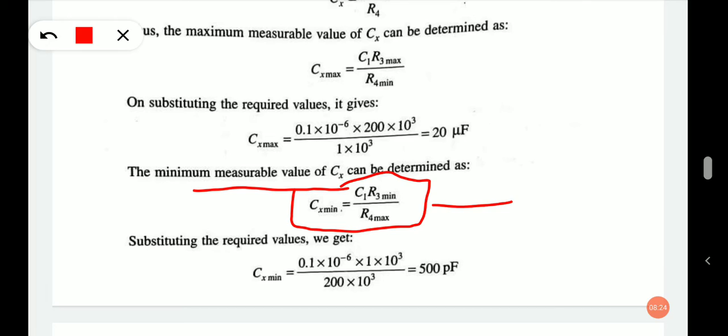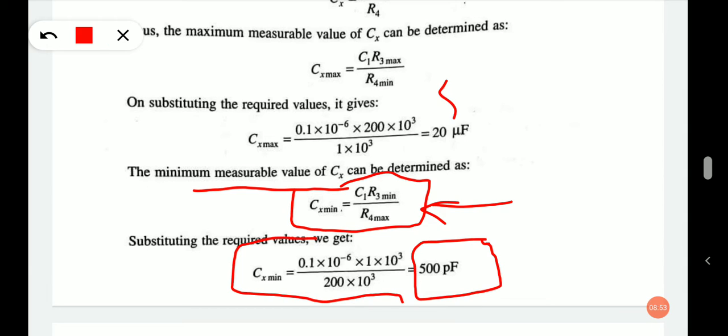And again, if we substitute the values in this equation, we will get Cx minimum as 0.1 into 10 to the minus 6 into 1 into 10 to the 3 upon 200 into 10 to the 3, and after calculating this expression we will get the answer as 500 picofarad. 500 picofarad is the value of Cx minimum.